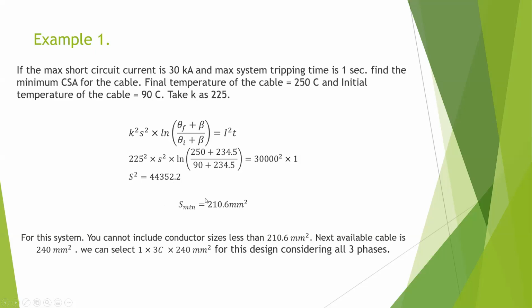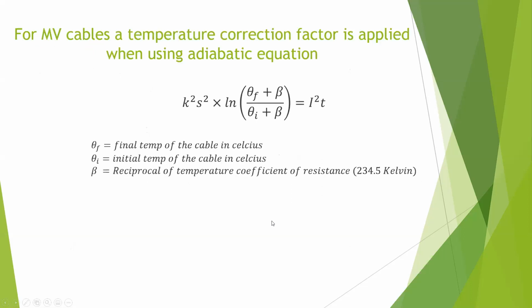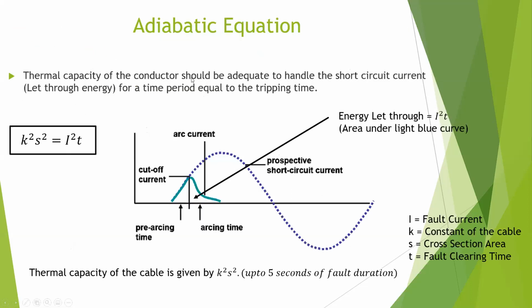So what I meant is, let's say you have a load that needs very little current, like 30-40 amperes. Even though you can use a very small conductor to support that current, depending on this short circuit capacity, we can't use a very small conductor to design that feeder, because it will violate the thermal capacity requirement of the conductor.